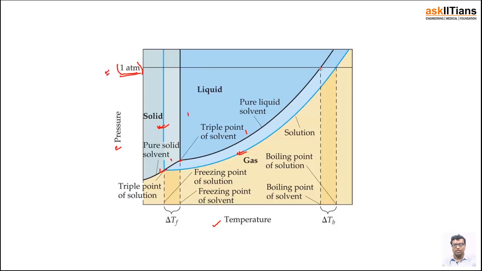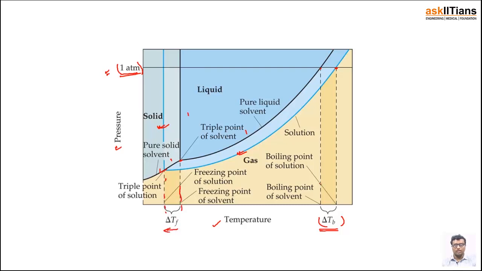Initially it was this, now it is this. So the temperature is increasing. Similarly, what is happening to the freezing point? Initially this was the freezing point, now this is the freezing point.